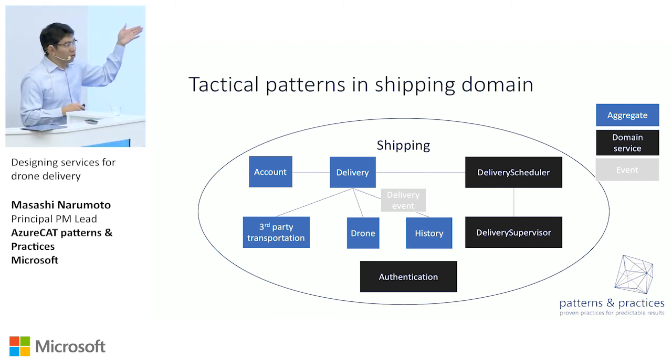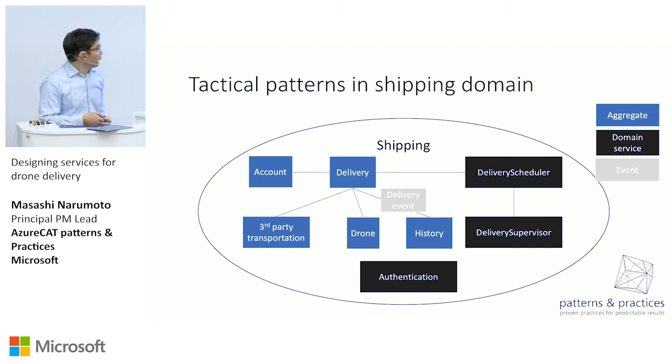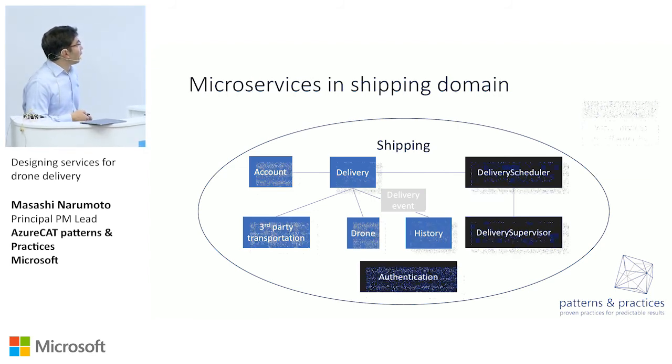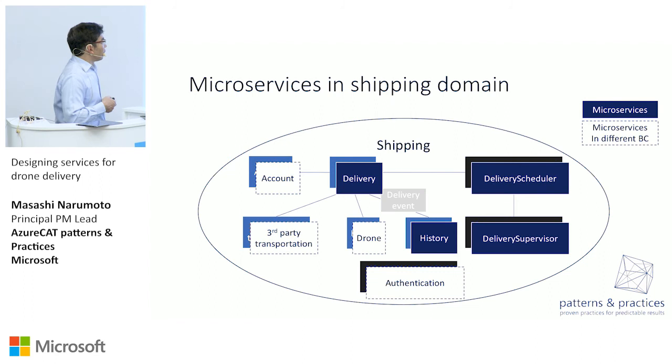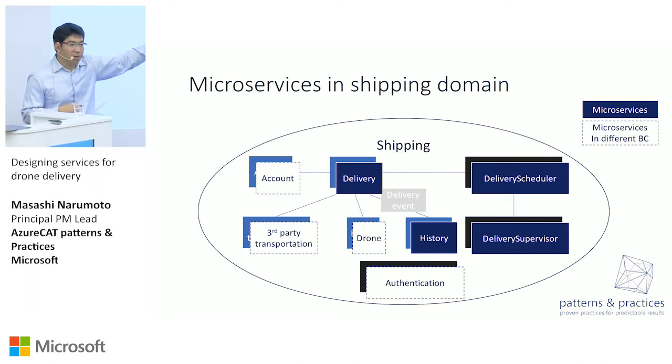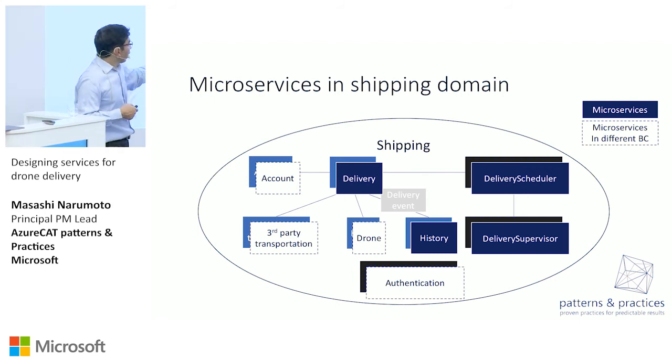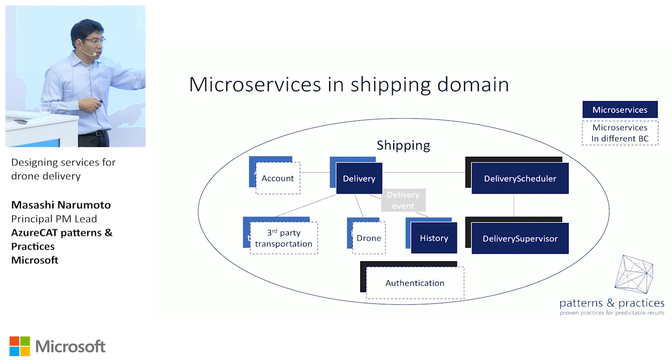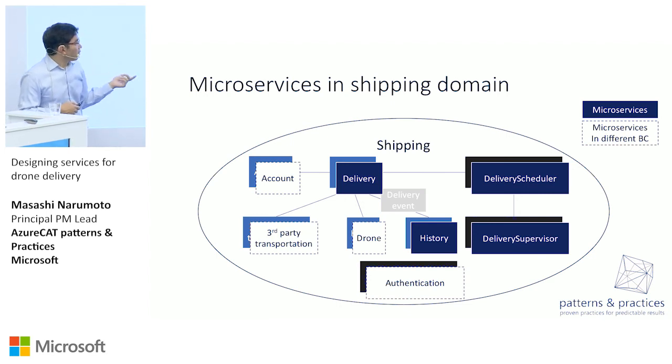This is the result of doing business modeling. Then finally, we found that the items in navy blue are microservices in this bounded context. And the other items in white with dotted lines are services running outside this bounded context.